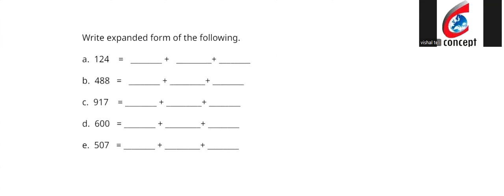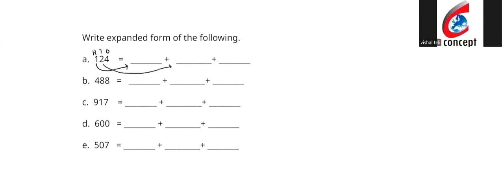See, this is ones, this is tens, and this is 100. So this will be 100. We got 100, right? So one we have to write it here, then two you have to write it in here, and the four you have to write it in here.